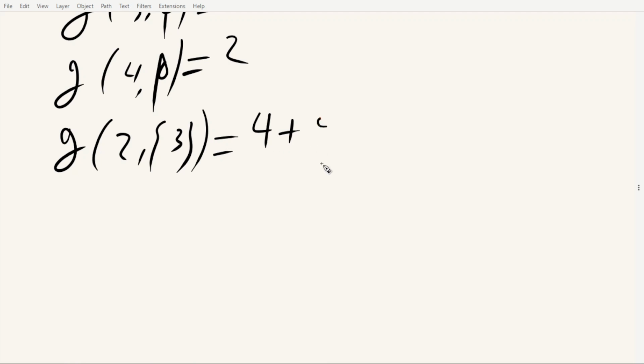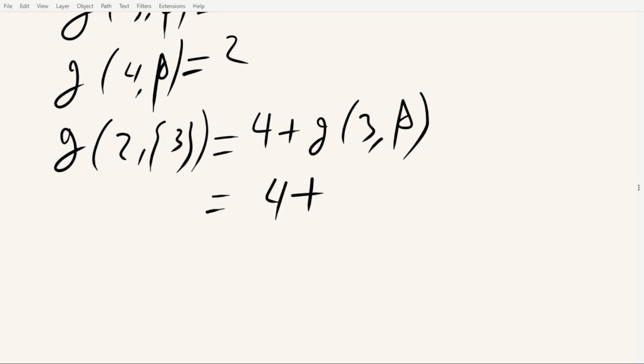So we write G3. The remaining element after removing 3 is phi. G3 phi we know is 3. We get the value 7.